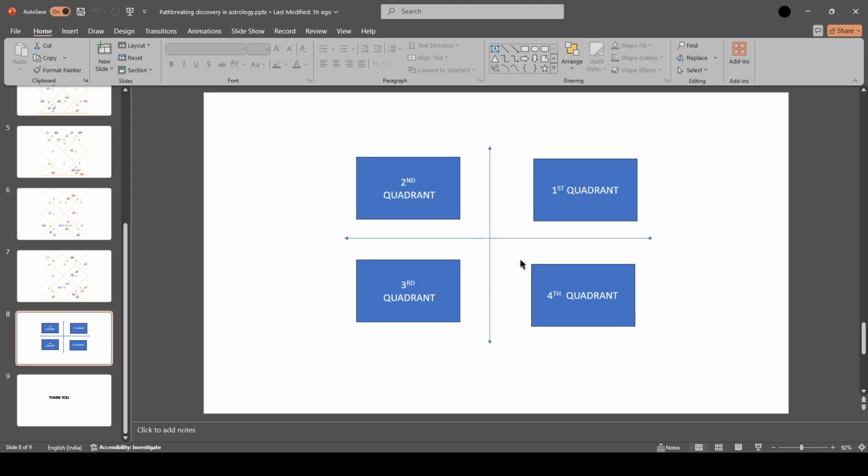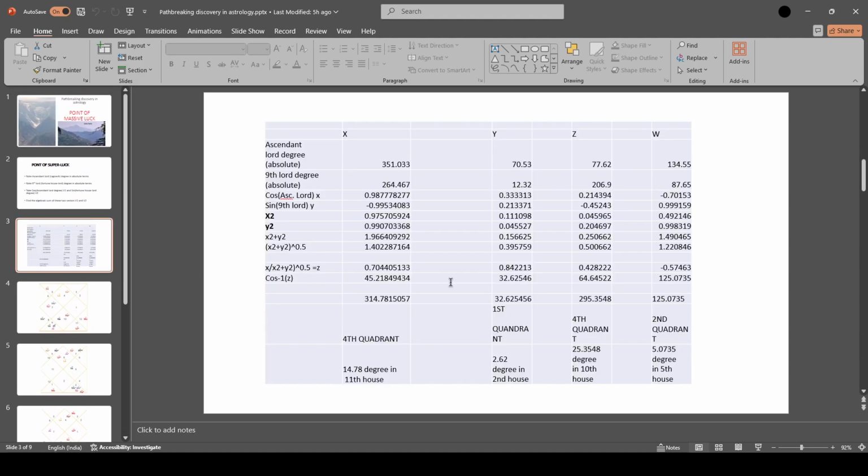So the resultant vector is here. Now absolute degree is 360 like this. Now the vector is here. So you have to deduct this degree from 360 to find the absolute value of this angle. So it is 314 in this case, 314.78.